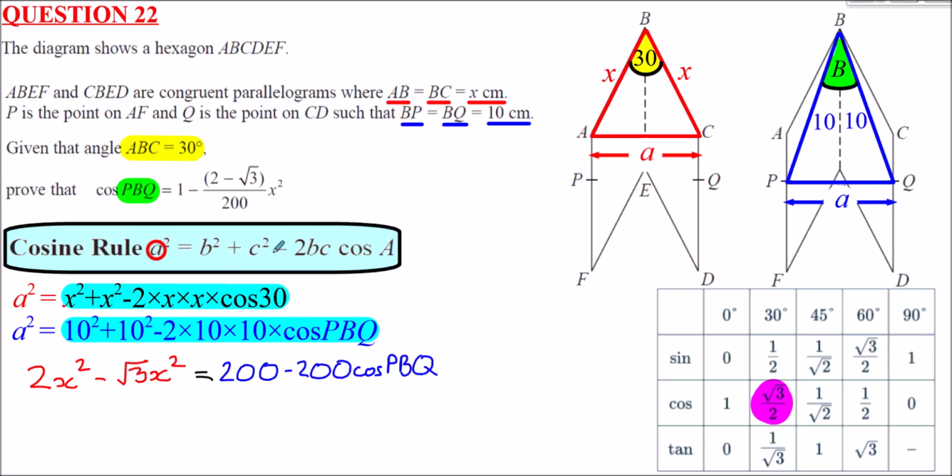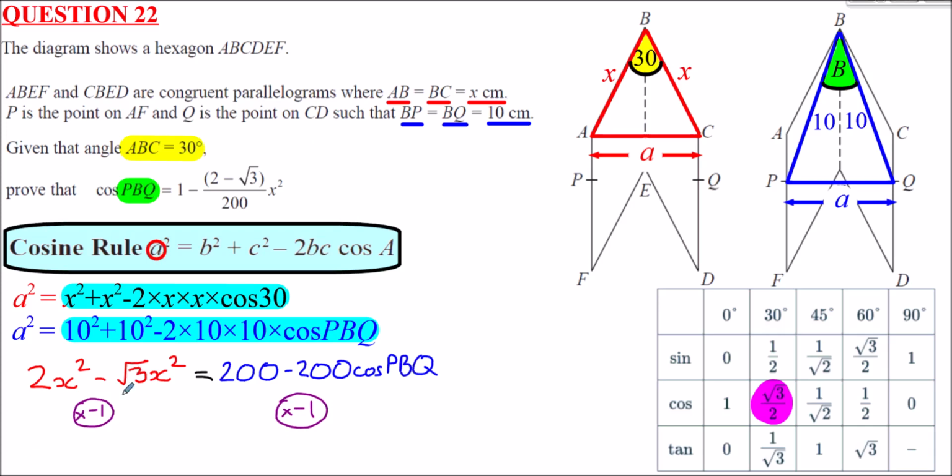So if we have a look at our target here, I've got the 2x squared and the minus root 3 x squared. But here that needs to be a minus 2. It's a positive 2 here. And this root 3 needs to be a plus. So what I'm going to do here is just multiply both sides of this by minus 1, just so I can get it closer to what the target needs to look like.